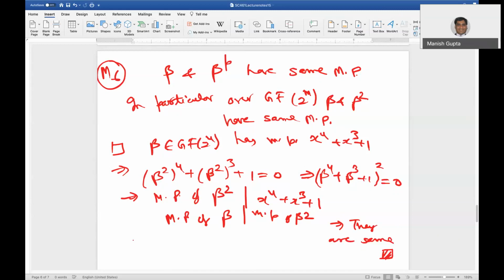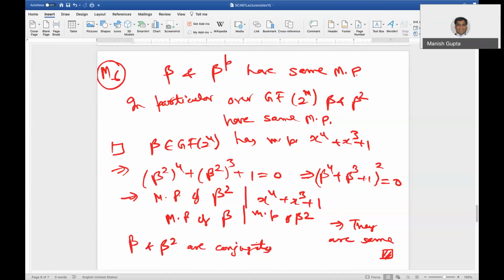So beta and beta square are known as conjugates. You can think of, in case of complex numbers, that there is a conjugate: if we take an equation and if a plus ib is a root, then a minus ib is also a root, which is a conjugate.